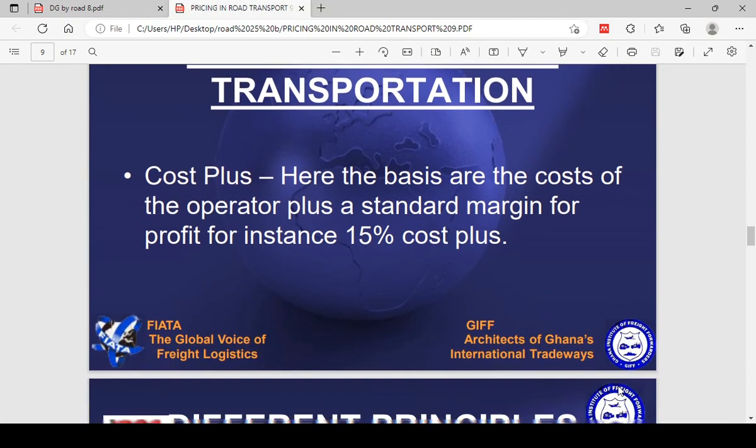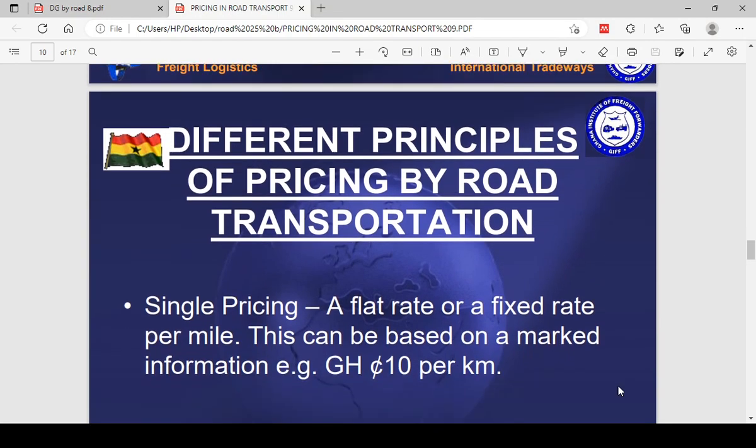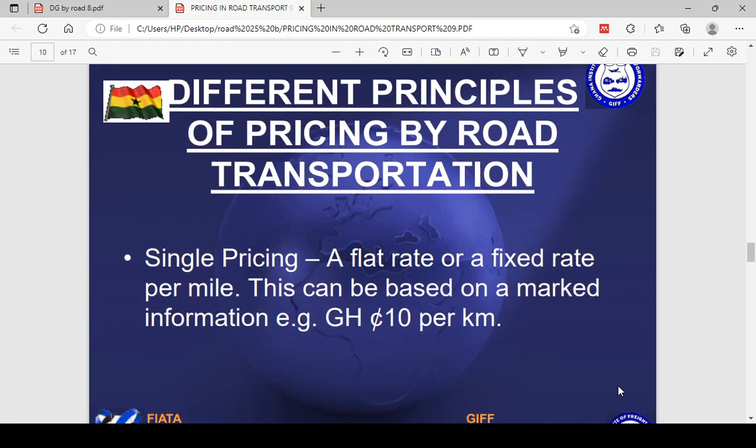Single pricing, we have the flat rate or a fixed rate per mile. This can be based on market information, for instance, 10 cedis per kilometer. If you go 20 kilometers, you multiply 10 by 20, it gives me 200. That's single pricing.